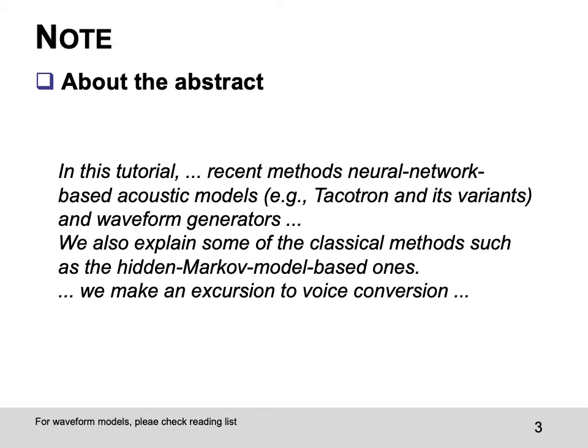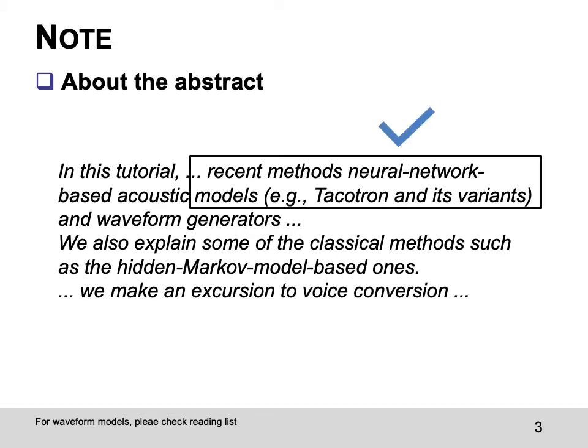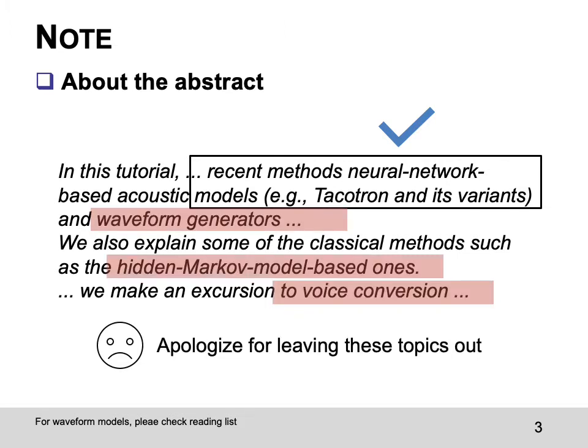So in this tutorial, I will focus on the recent neural network-based acoustic models, including the Tacotron and its variants. For other topics, such as the waveform generators and HMM, I have to leave them out from this tutorial. But if you are interested, you can find useful notes and the reference papers in this slide.